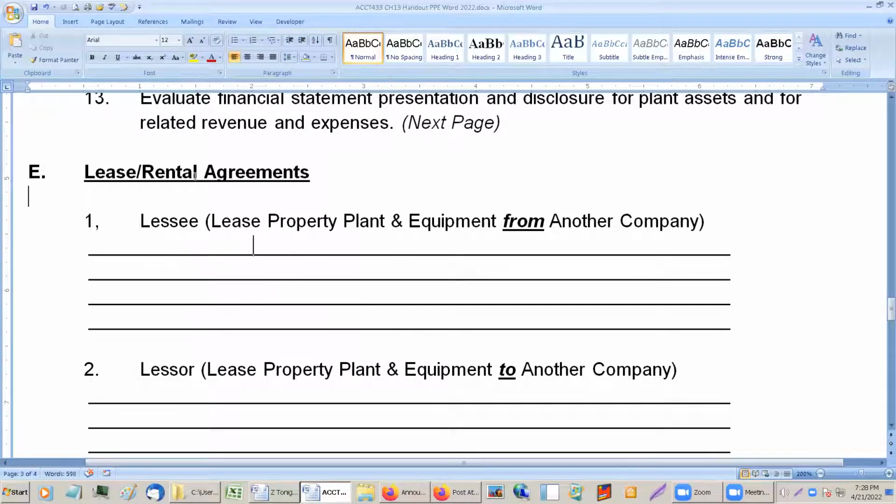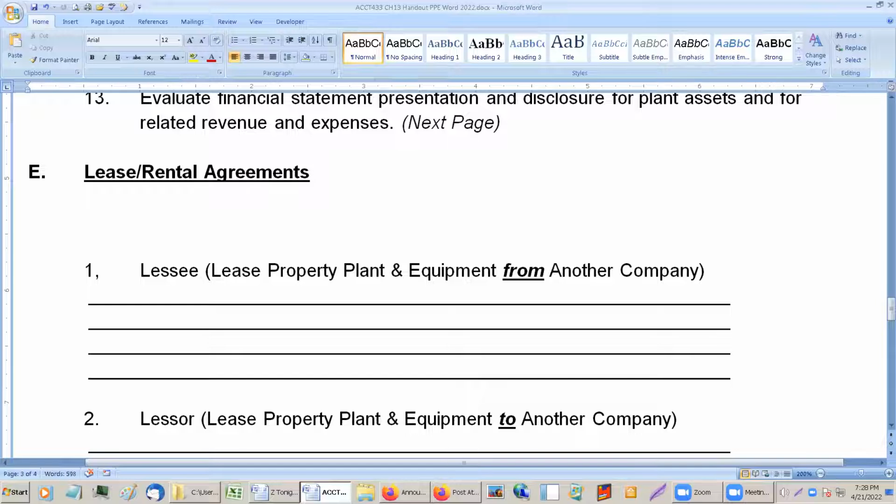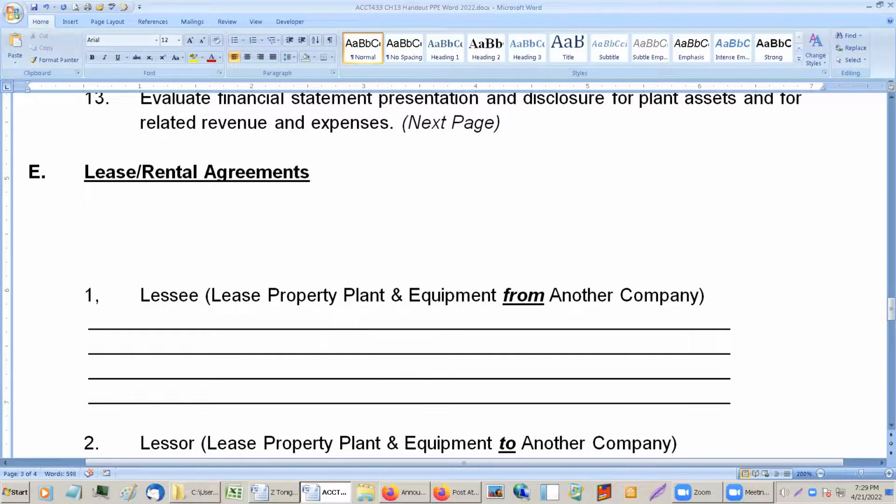Yeah, so the accounting rules. These are fairly new. Say within the last 2 years.